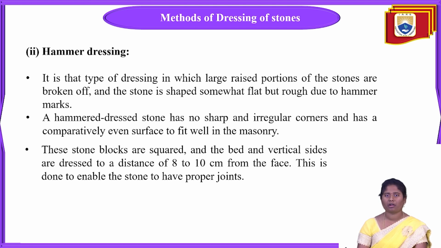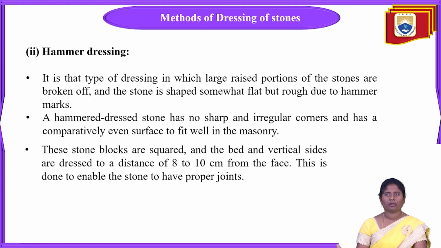The texture will be rough because we are doing this work with the hammer itself. When we do the work by hammer, we just cut the stone into a required shape. Large portions of the stones will be easily broken off, and after that cutting is done, we give the stone a somewhat specific shape. A flat surface will be given to the stone, but the texture of that stone will be rough itself.